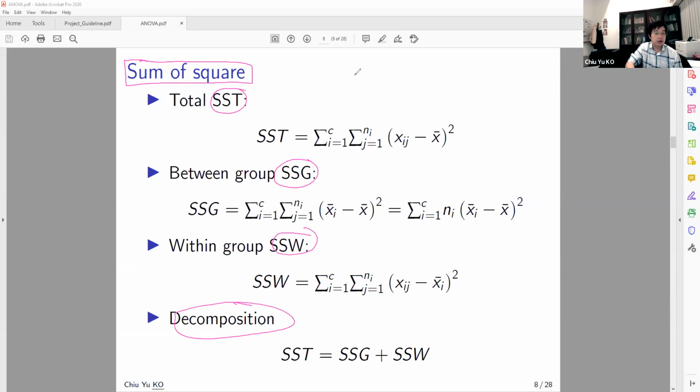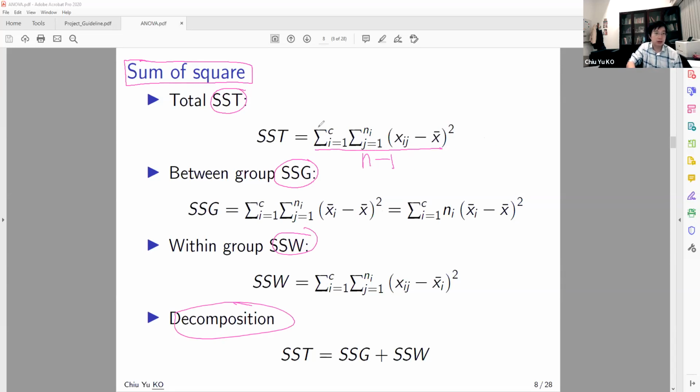If you do sample variance, you are adding all observations, from group 1 to group C, from the first to the last observation, and dividing by n-1. That will be the variance. This is the numerator of the variance.